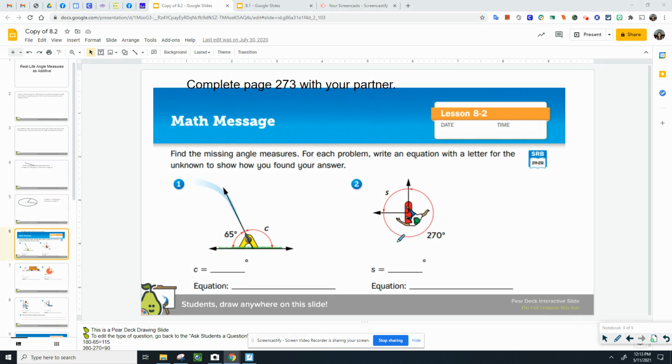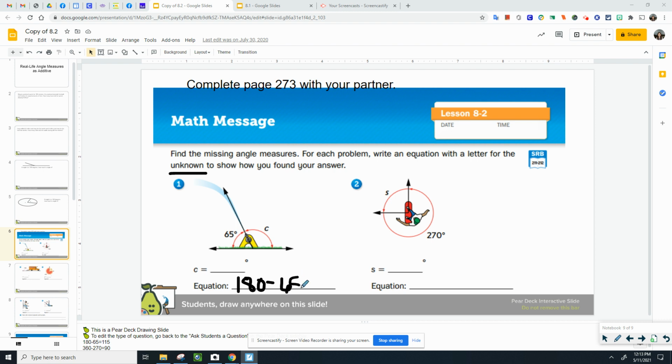Now, as I'm coming over here, I'm going to show you some missing angle measures for real life problems. We are going to be writing an equation with an unknown, so pay attention to that. So on this one right here, I have to pay attention to, am I looking for a straight angle or a circle? So I see that straight angle right here, so I know that I'm looking at 180 degrees. I have to take away the part that I know to solve for my missing letter.